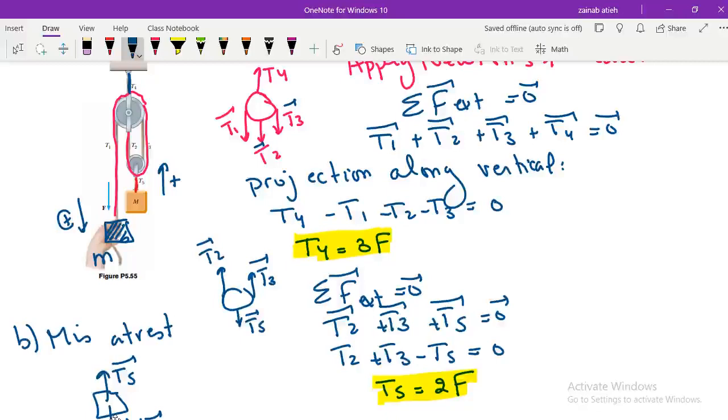So small m will move downward a distance 2x. I repeat: when the large mass M moves upward a distance x, the string slackens x on both sides, so small m will move a distance 2x. If big M has acceleration a, small m will have acceleration 2a. This one moves up x, this one moves down 2x. So the acceleration for big M is a, while the acceleration for small m is 2a.